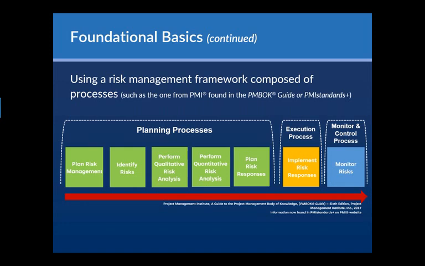This is actually the risk. This is what we're doing to take care of it, minimize or maximize impact or probability. Here's what happened. Did it work? Did it not work? Back and forth is going to happen throughout the entire time that you're doing your project.